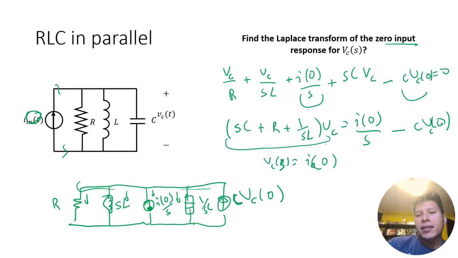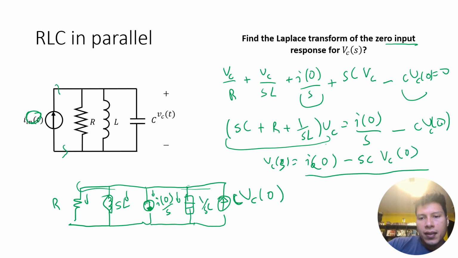I'm going to multiply this top and bottom by s to make it look better. So VC of s equals (I0 minus s C VC sub 0) divided by s squared C plus s over R plus 1 over L. So I divided by this factor and then I multiplied the top and bottom by s to make it look prettier.